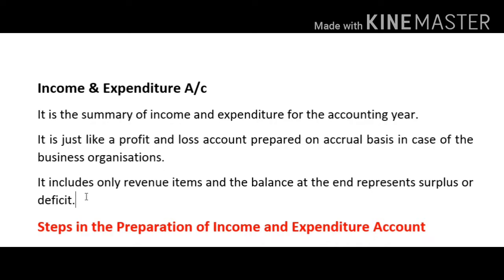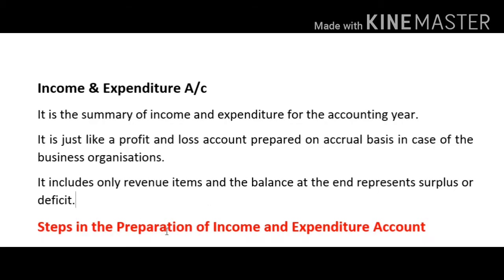It includes only revenue items, and the balance at the end represents surplus or deficit. If the credit side, that means the income side, is more, then the balancing figure will be surplus, and in case debit is more, that means expenditure is more than the income, then the balancing figure will represent deficit.